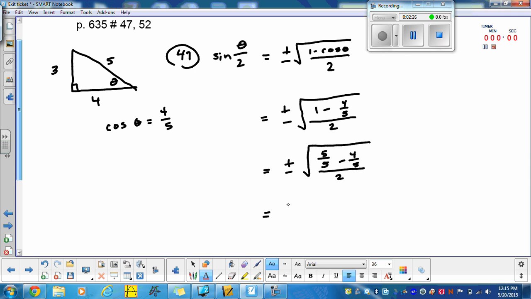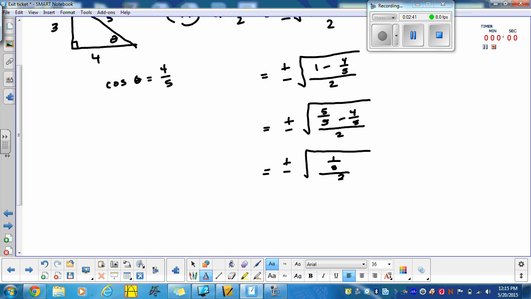So we have plus or minus the square root. 5/5 minus 4/5 is 1/5, and 1/5 over 2 is the same as 1/5 divided by 2, which is the same as 1/5 times 1/2. Remember, that's all under the radical. So it's 1/5 times the reciprocal, and so we get plus or minus the square root of 1/10.